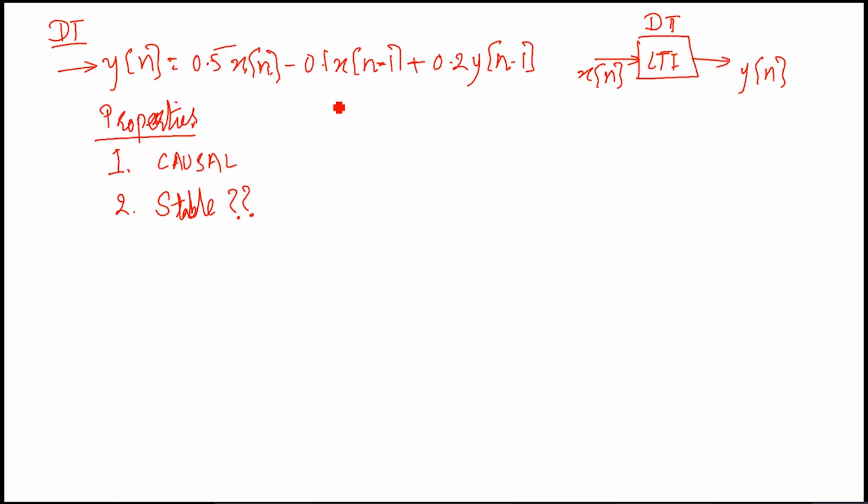But right now, with the information you have, it's difficult to come up with this property. So any other property? It is a causal system. What else?